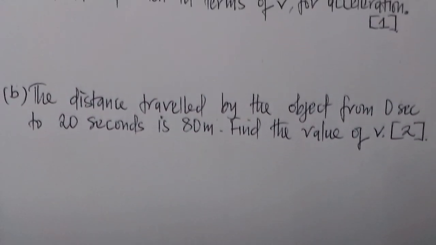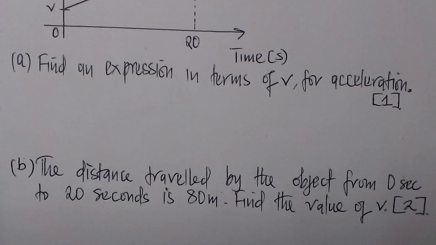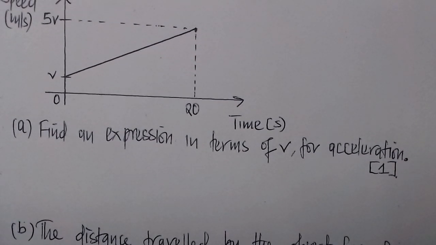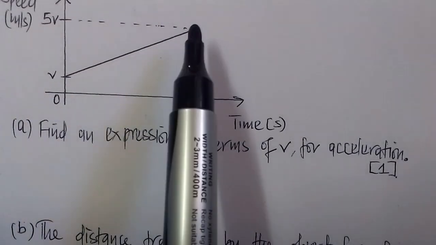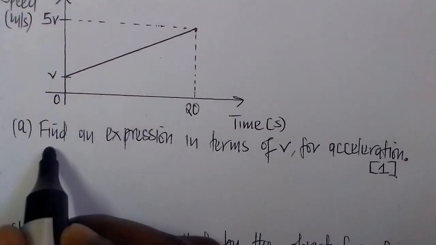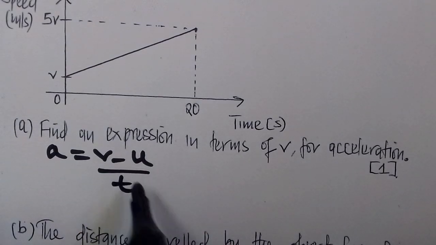So going to the first part, A, find an expression in terms of v for acceleration. So going to the diagram, acceleration here will be determined by just looking at the increase from v to 5v and also taking note of the time taken. The formula for acceleration is a is equal to v minus u over t.